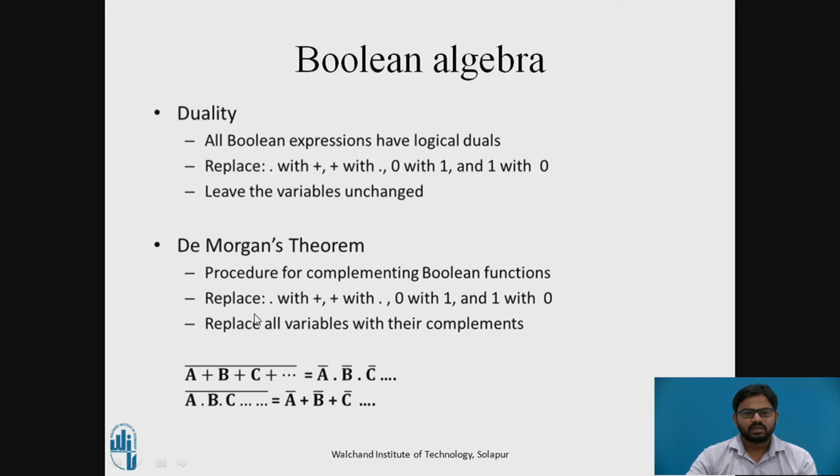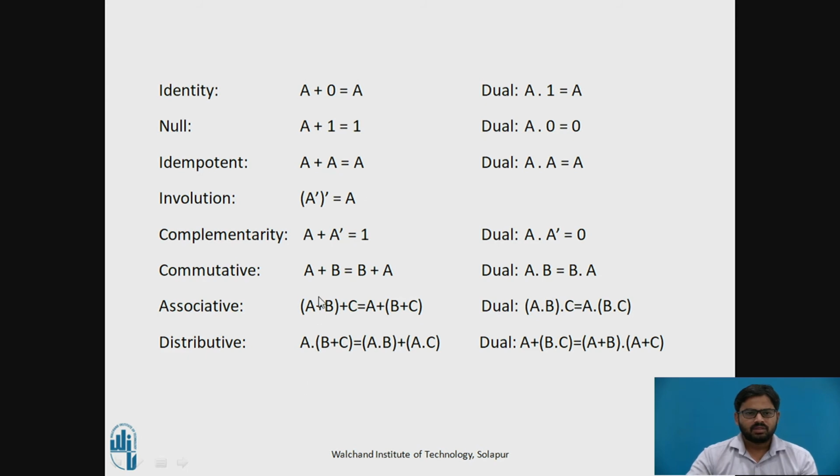And De Morgan's theorem is complementing the Boolean function and replacing the OR operation with the AND operation, and 0 with 1 and 1 with 0. So this is De Morgan's theorem. And these are some Boolean theorems: a plus 0 is equal to a, and its dual is, 0 replaced by 1 and plus replaced by dot, a dot 1 is equal to a.